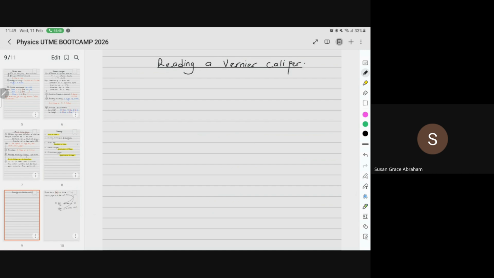So permit me to quickly get an image of a vernier caliper so that it will be easier for us to walk through. Is that okay, guys? A thumbs up. Let me give us 5 minutes to process the information you have so far.